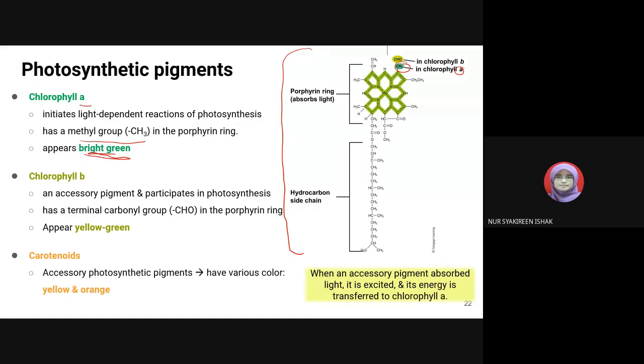As for chlorophyll B, it has a terminal carbonyl group here in the porphyrin ring, so this allows it to appear as yellow green. So it depends on the structure of the photosynthetic pigments that allows it to absorb different colors of light. Understand? Okay, it depends on the structure.